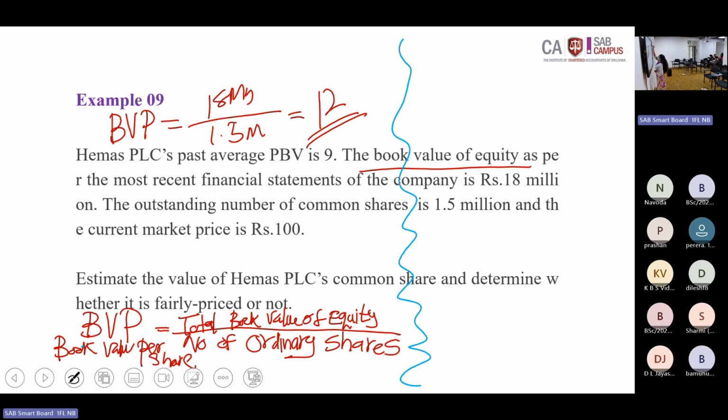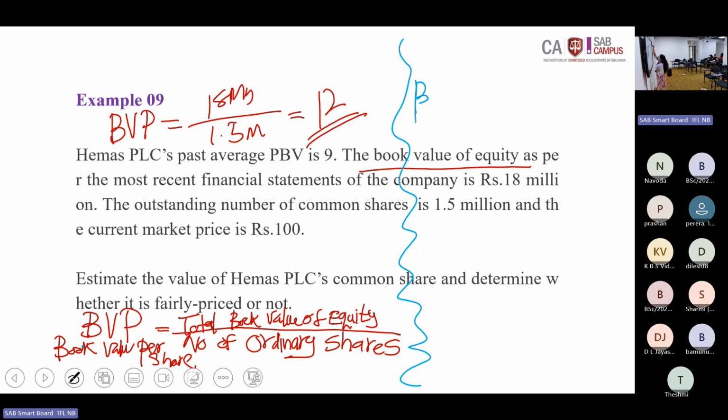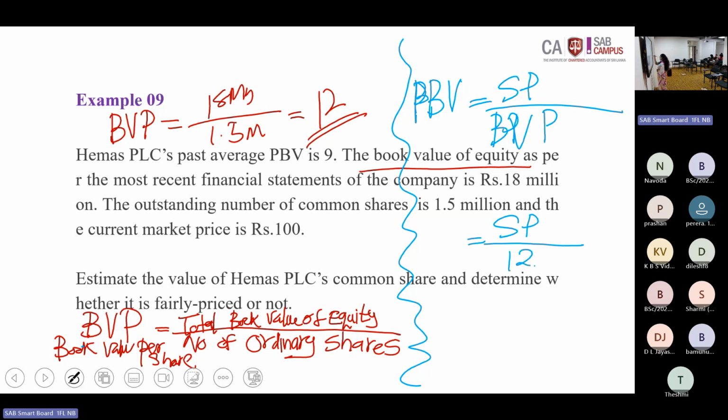We have the PBV equals share price divided by book value per share. Share price we don't know, book value per share is 12. Share value is 100 each.